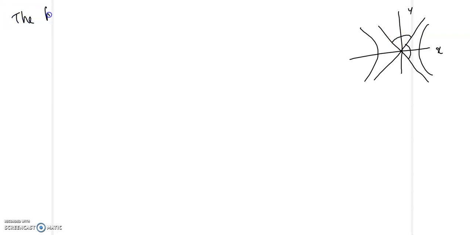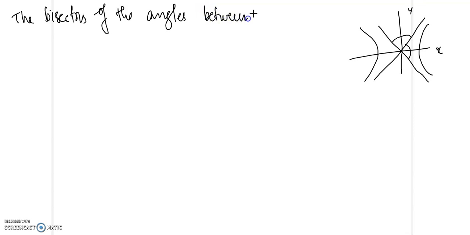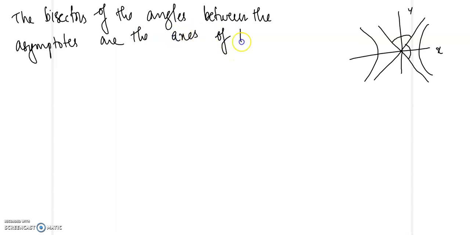So the bisectors of the angles between the asymptotes are the axes of the hyperbola.